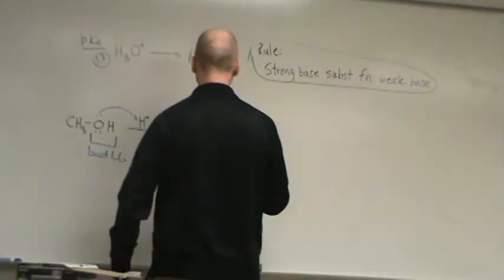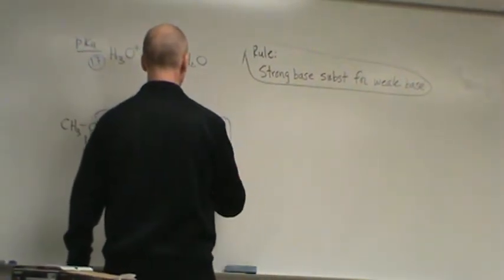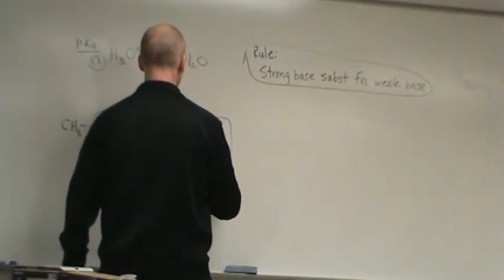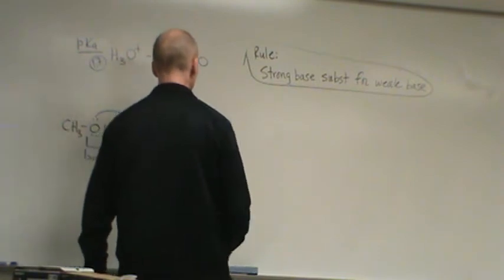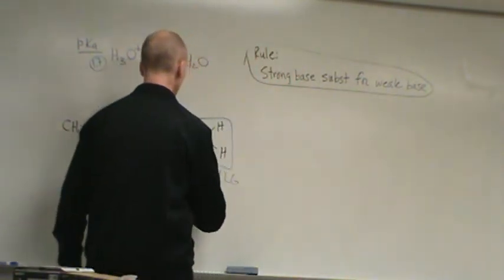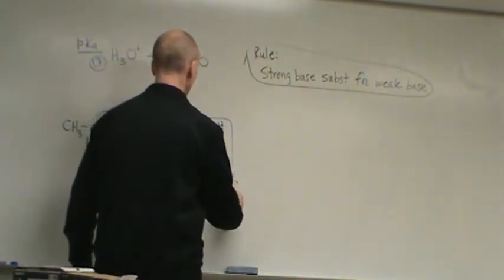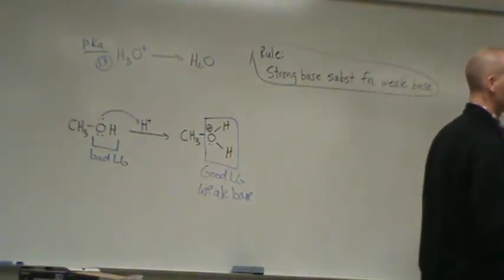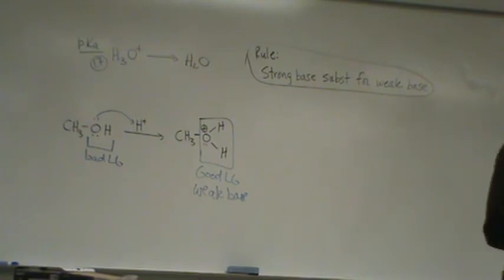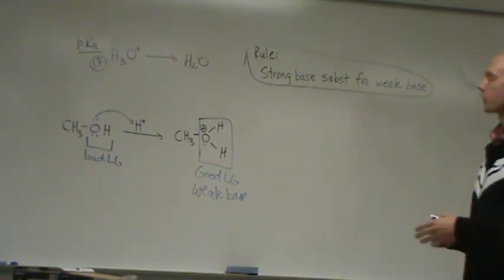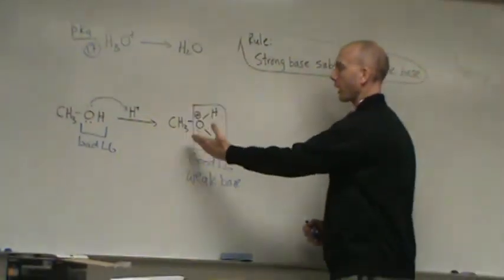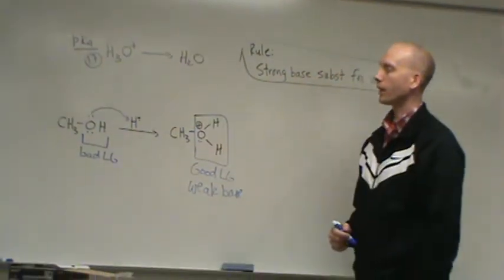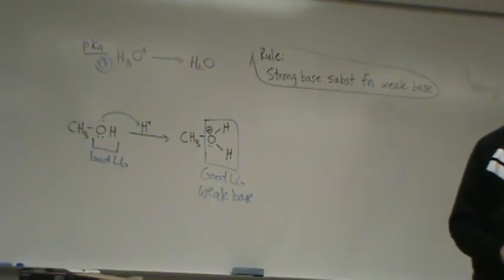So water will be classified then as a good leaving group, because it's a weak base. And so this thing here will now be primed to do a substitution reaction.